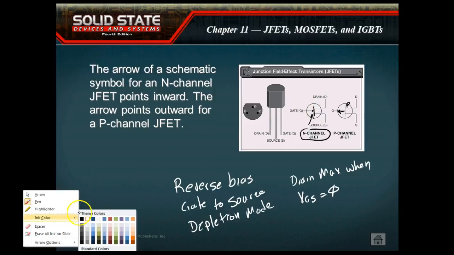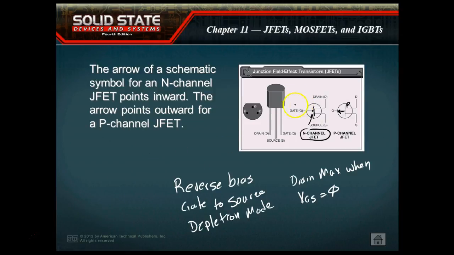So what that means is, if this is an N channel, then we're going to make the gate to source voltage negative, because it's working against the channel. And if we're working with a P channel, we'll make the voltage gate to source positive, which is going to reduce the size of the channel, which is going to make the output current or the drain current go down.